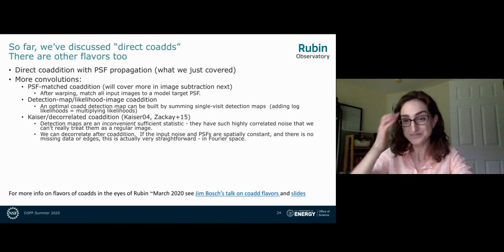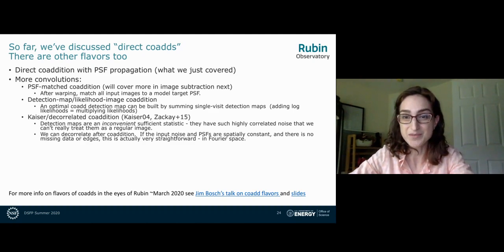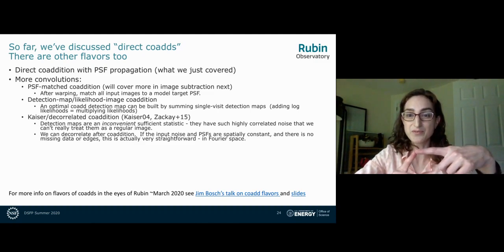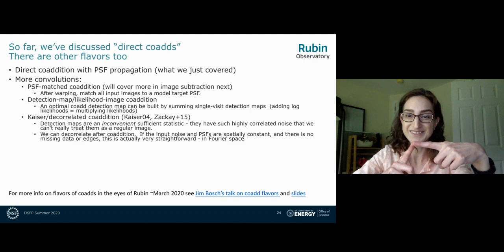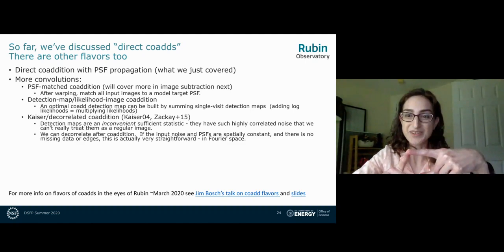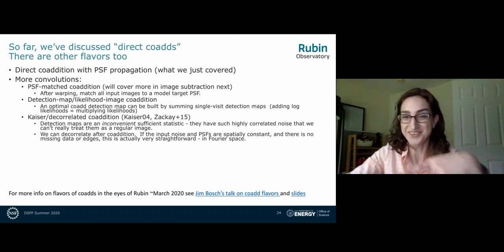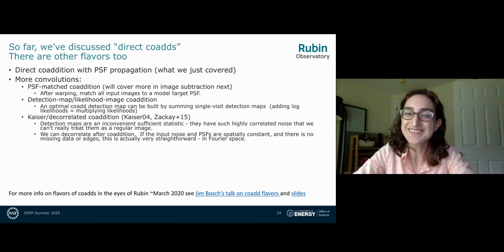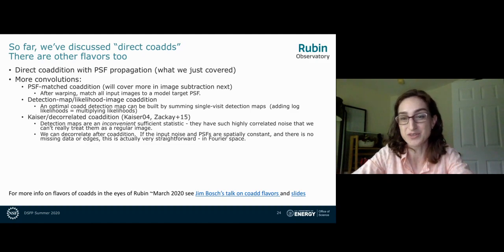All these assumptions break down. And so while you can do Fourier transforms of little small thumbnails where you can assume that these assumptions are true, you don't get the same performance gains from doing this on the whole image because it's just not robust.